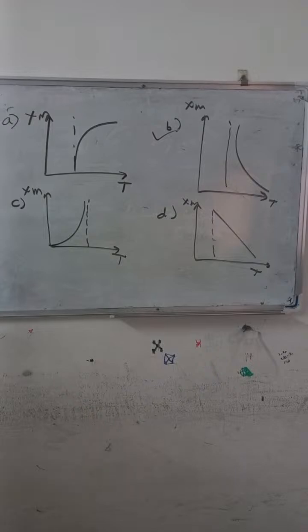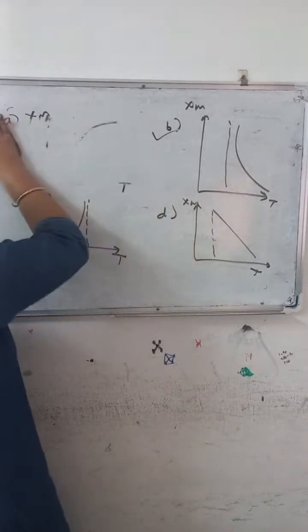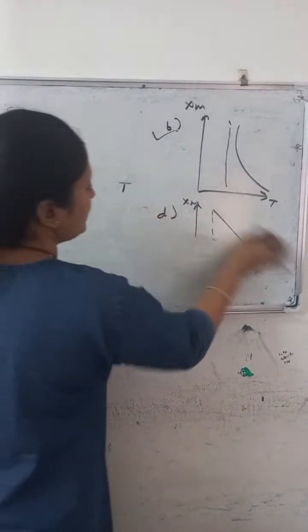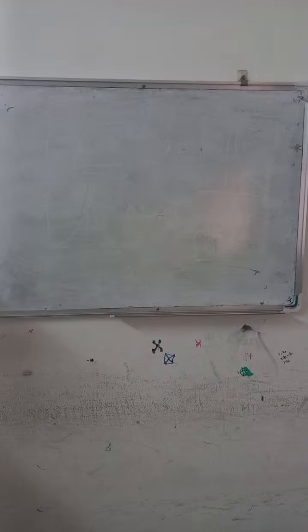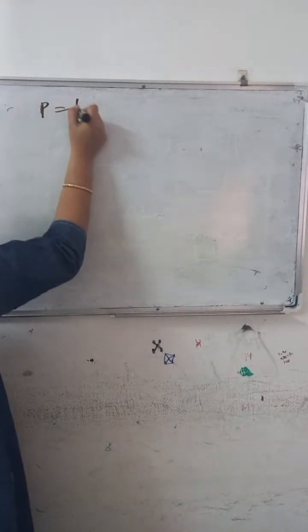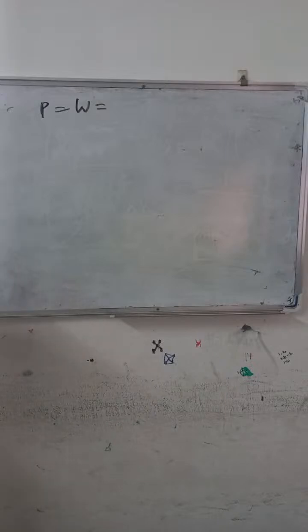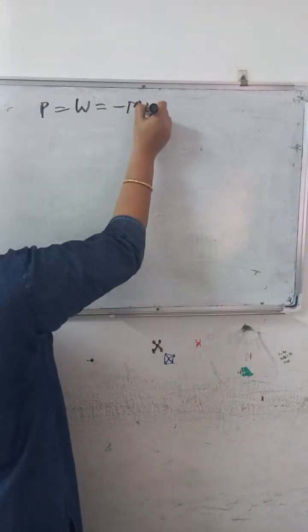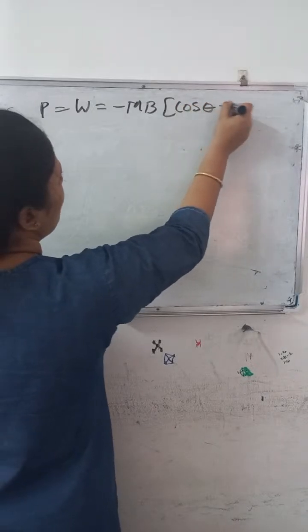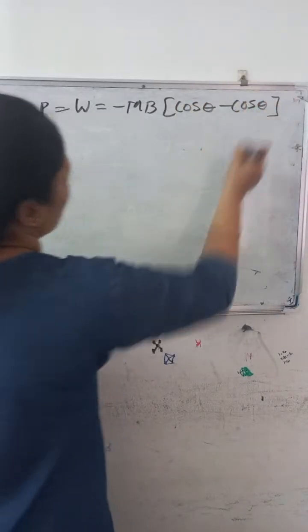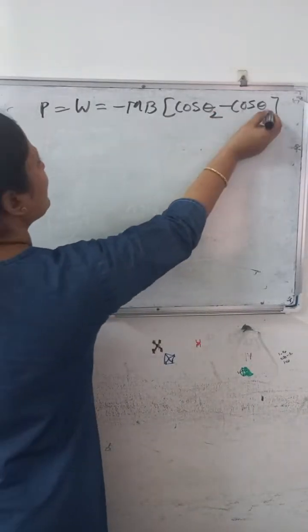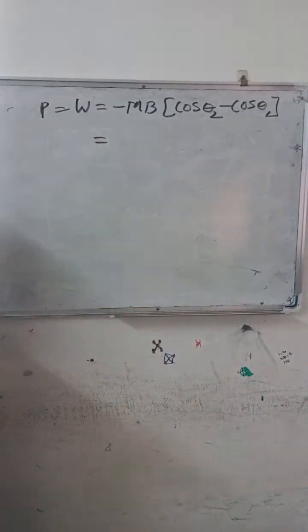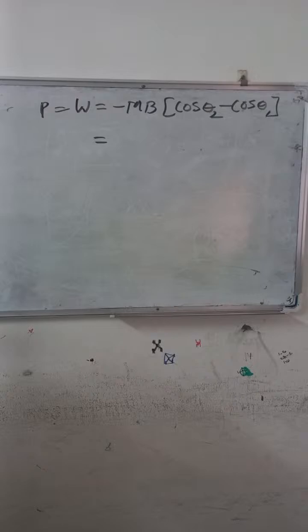And the options are in terms of joule, which means we use the potential energy formula, the work done, which is minus MB times cos theta 2 minus cos theta 1. Work done is given, root 3 joule.